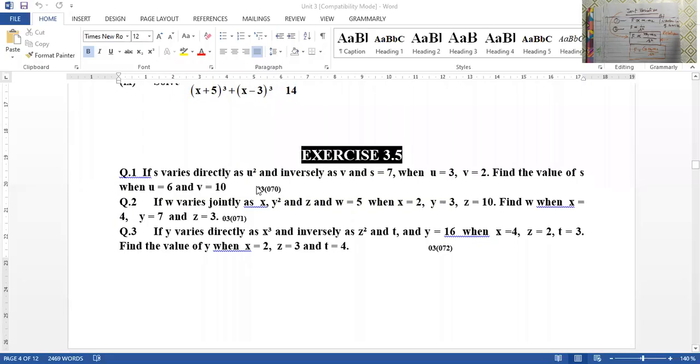Okay, if you look at the question, read the first question. It is written, S varies directly, and similarly it is written Y. If I just place it separately, wait for a second.